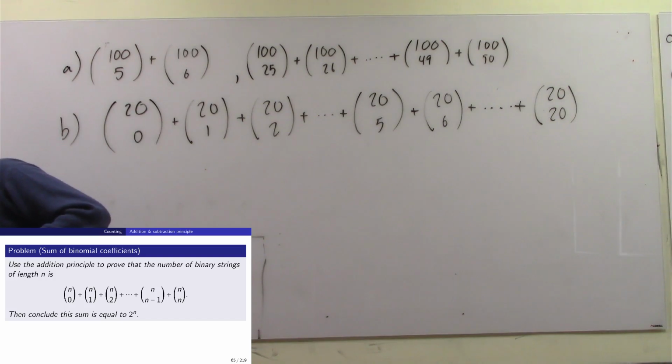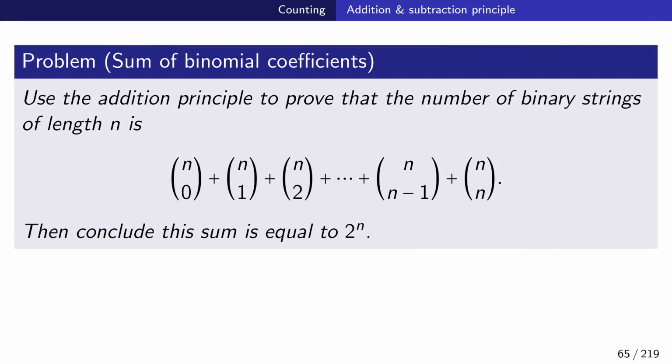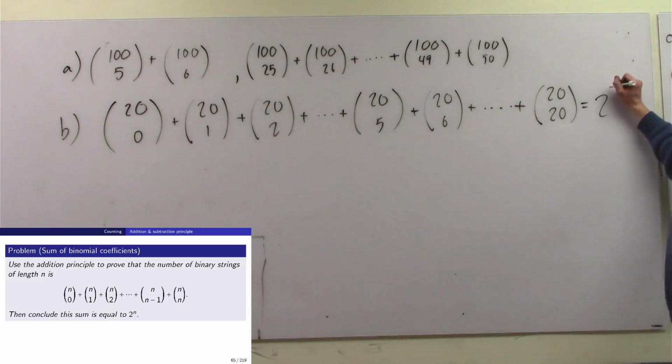And that's what this next slide states, which is that if we fix this n at the top and add up all binomial coefficients with that n up top, that is going to be equal to 2 to the n. So let's write that here. The claim is that this, for instance, is equal to 2 to the 20.